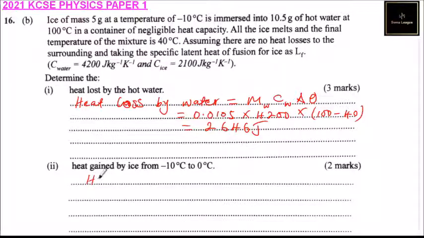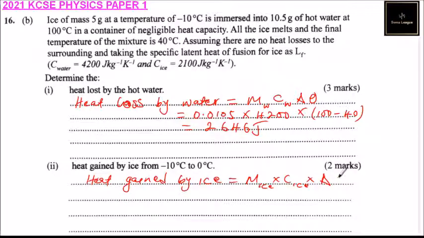Part 2, determine the heat gained by ice from minus 10 to 0. So heat gained by ice from minus 10 to 0, we use the same formula: mass of ice, multiplied by heat capacity of ice, multiplied by change of temperature.